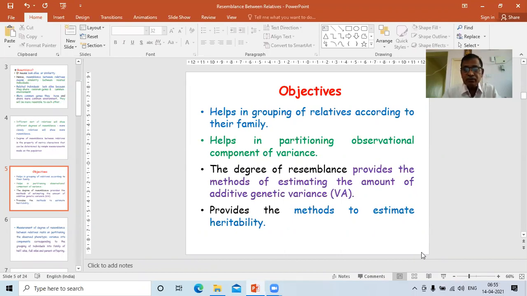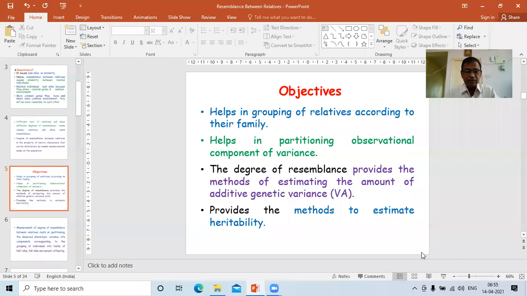But when we are talking about the variance of relatives, then we have to measure the character of the relatives. Relatives means, suppose, all the females related to each other. All the daughters of a particular sire are related to each other.